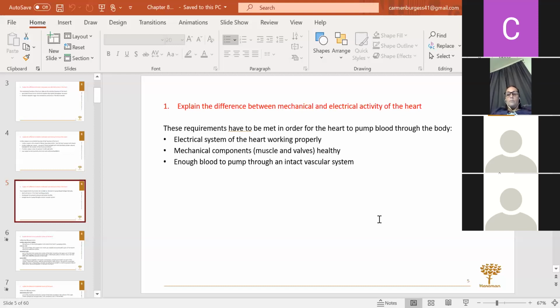Does my calf beat? No. Why not? Because the heart has specialized cells that literally have a chemical reaction that causes electrical activity. And what does electrical activity do? It causes the heart to beat. It causes the mechanical components to work.